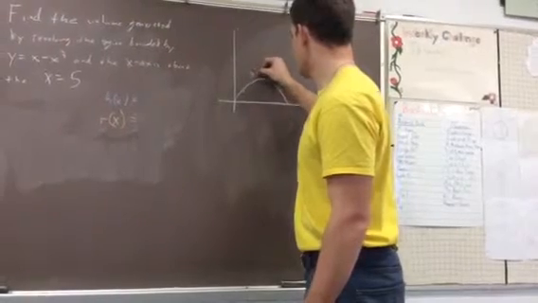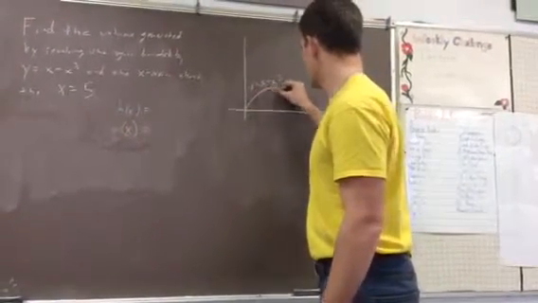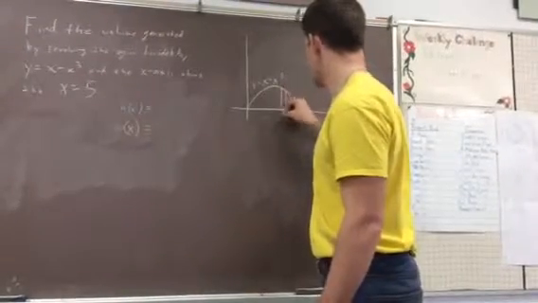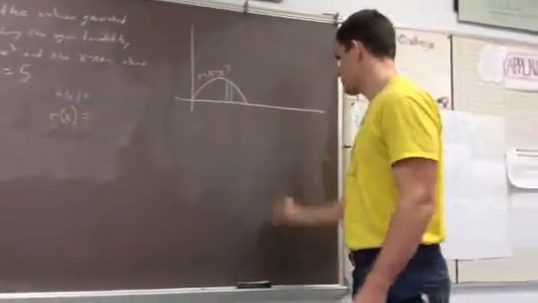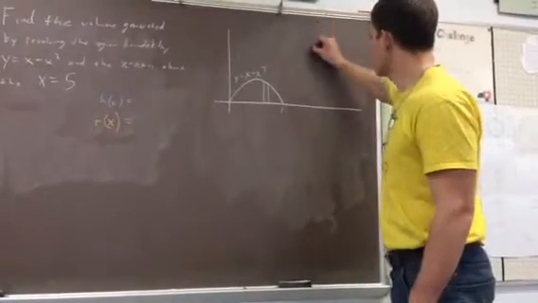So this is x minus x cubed. I have a shell right here. This is 1. Here's our axis of rotation now.